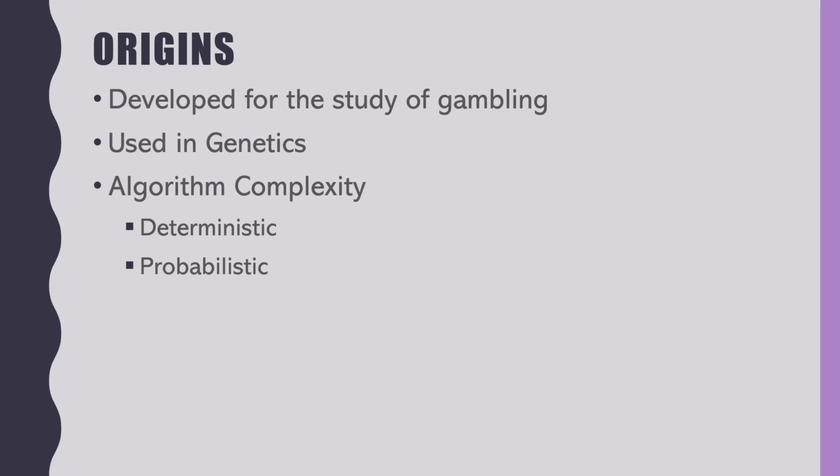You can also use it to help calculate the average case of an algorithm rather than the best case or the worst case, right? We typically talk about worst case with big O notation, but you can calculate an average case by running a series of tests using probabilistic algorithms. So there are lots of different things that apply in computer science. And then it also helps us answer questions involving uncertainty.